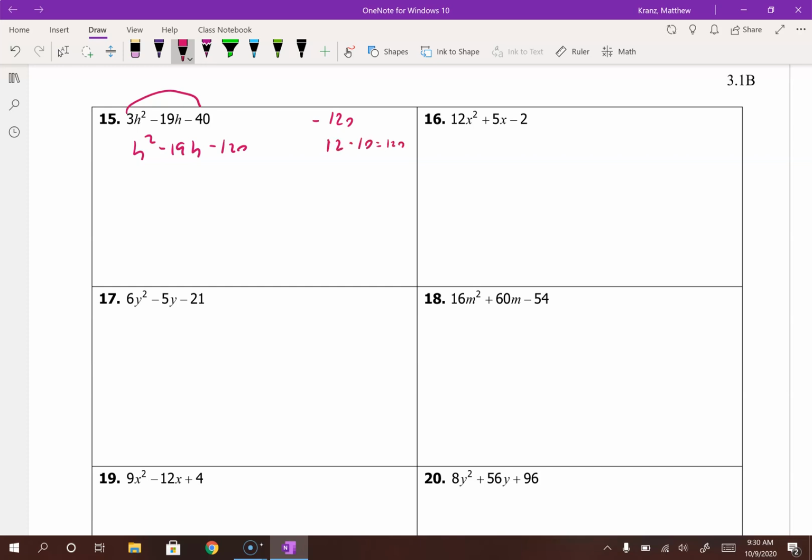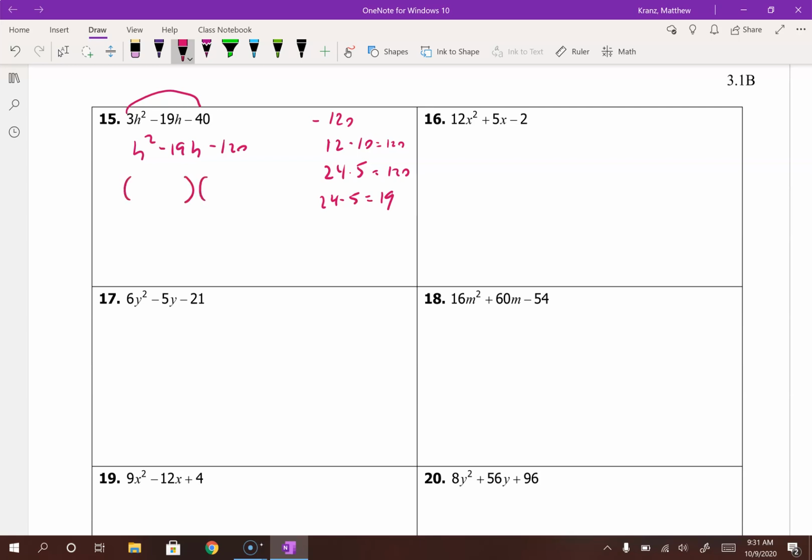Well, that's 120, but that just gives me 2. 4 times 30 does not work. 24 times 5 is 120, and 24 minus 5 equals 19.